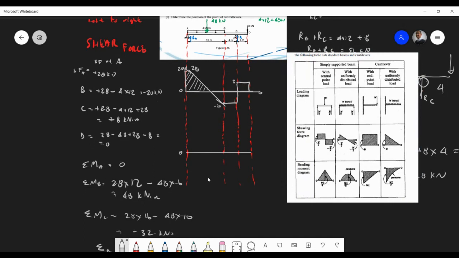So we know that this goes like this. It ends at B. Okay, so it goes something like this. So B goes like that. And then C is at minus 32, so that goes down somewhere there. And it goes back up. So this is minus 32 kilonewton meter. And this point over here is at 58.